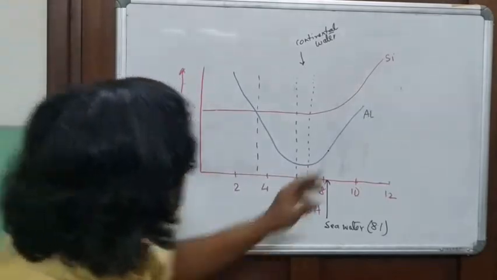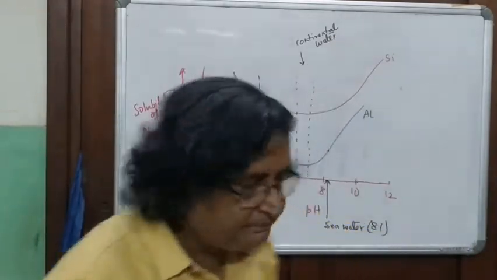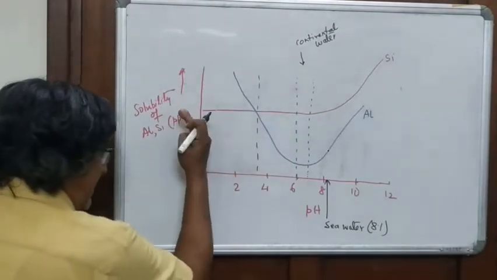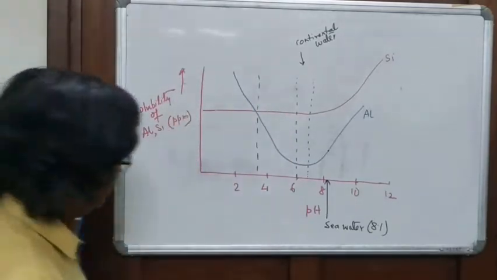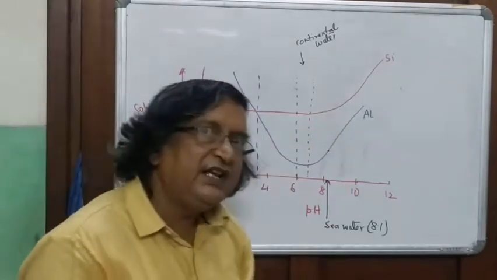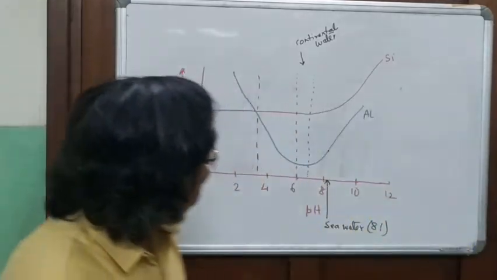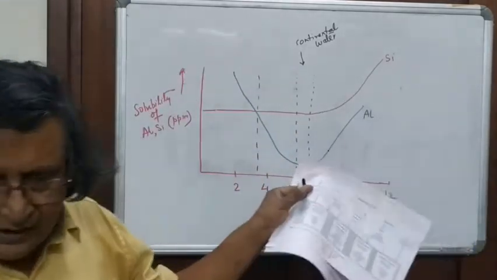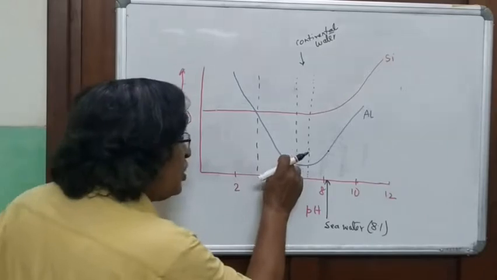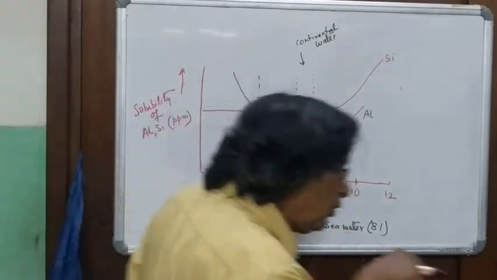But silicon and aluminium solubility both increase, but silicon has a higher solubility. But in an acidic environment, aluminium solubility increases, but silicon solubility is very low. So overall, for continental waters, both solubilities are low, but aluminium has a lower solubility.